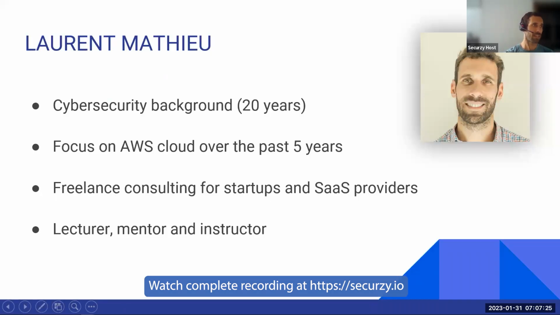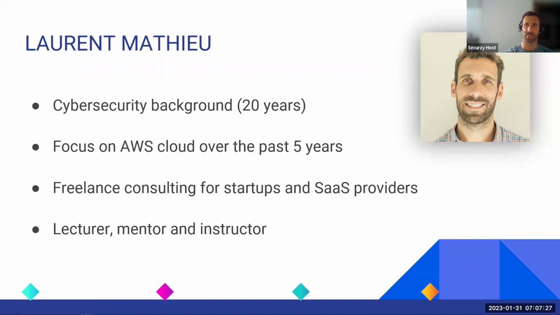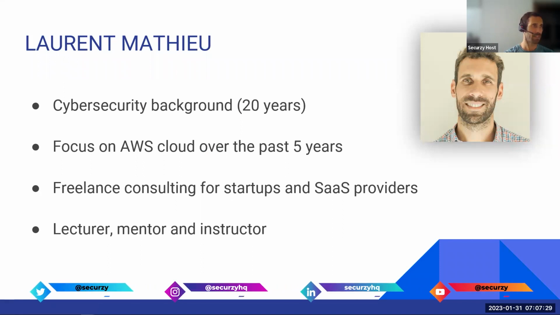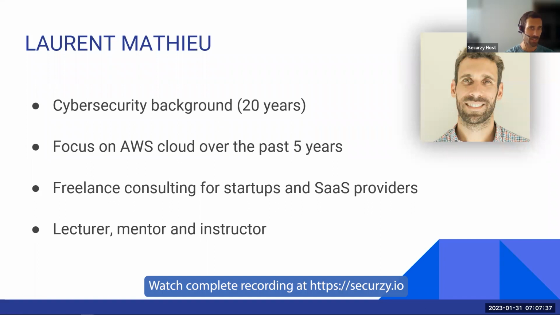Quickly about myself, I come from a cybersecurity background. I've been in the field for nearly 20 years now. I started working in a SOC team as a SOC analyst in 2004. Since then, I've done all kinds of roles. I got my hands on security systems, on firewalls, proxy. I used to spend a lot of time in data centers racking these things back in the days. But nowadays it's more and more in the cloud.